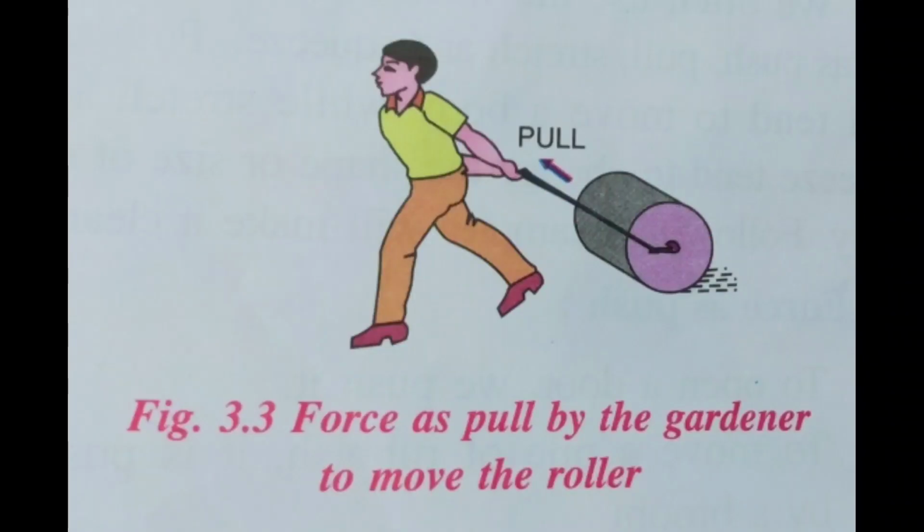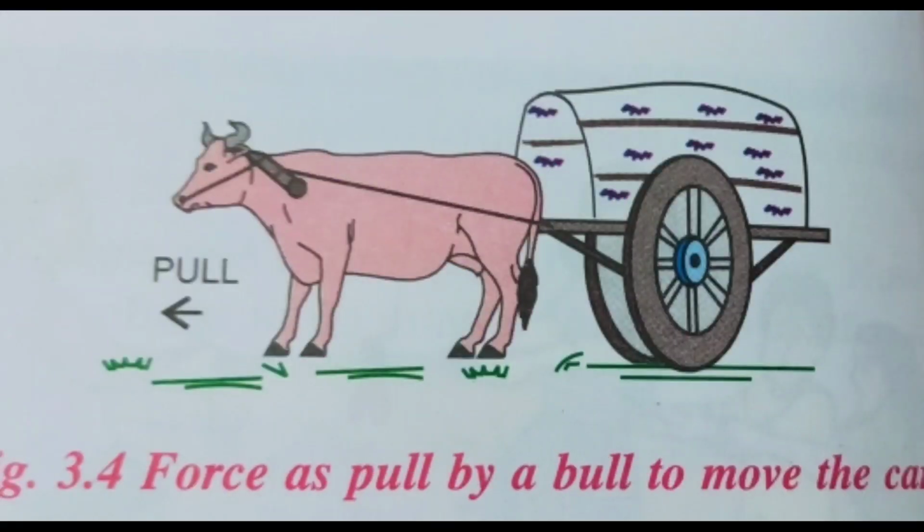Now look at this picture. What can you see? You can see the gardener pulling the roller, isn't it? What happens as a result of the pull by the gardener? The roller moves. So in this picture you can see that the force applied by the gardener moves the roller. Now here we can see a bull pulling a cart, isn't it?